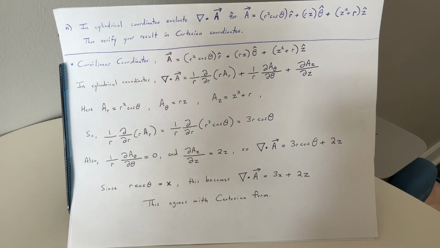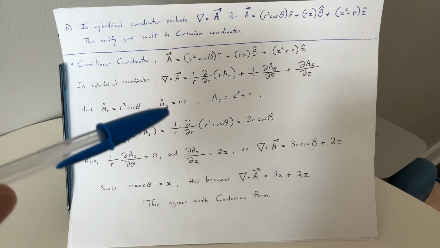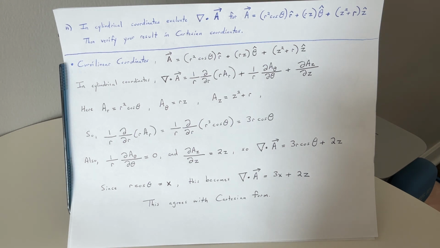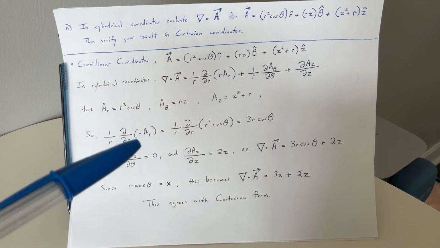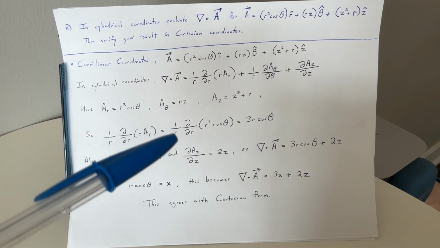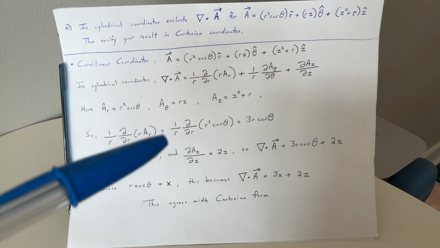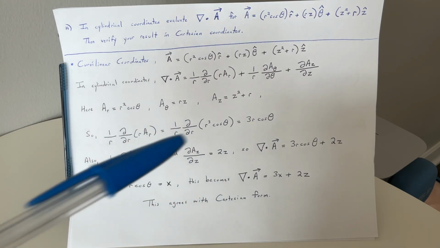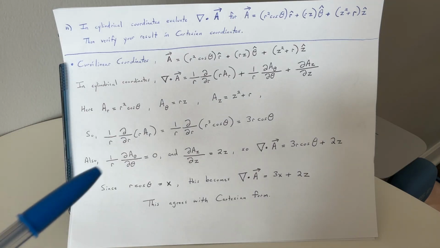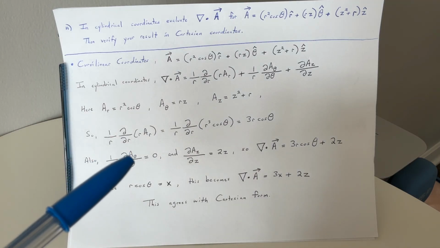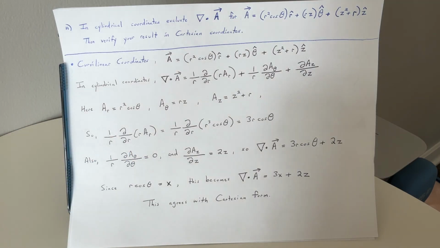So here A sub r is r squared cosine theta, A sub theta is rz, A sub z is z squared plus r. So 1 over r partial with respect to r of r cubed cosine theta equals 3r cosine theta. Also 1 over r, the partial of A sub theta with respect to theta, equals 0.